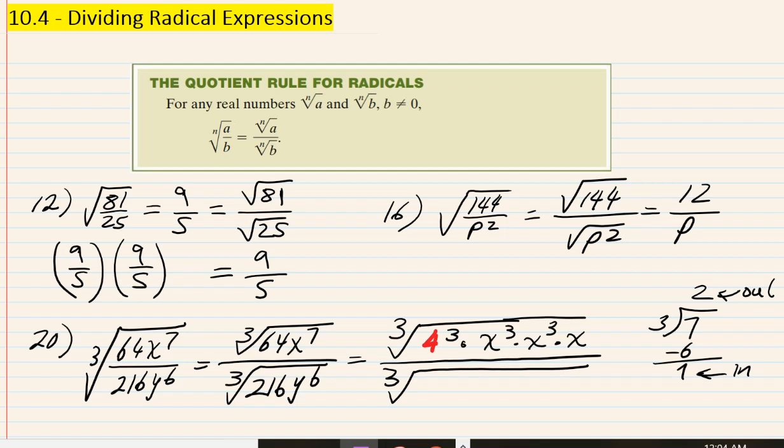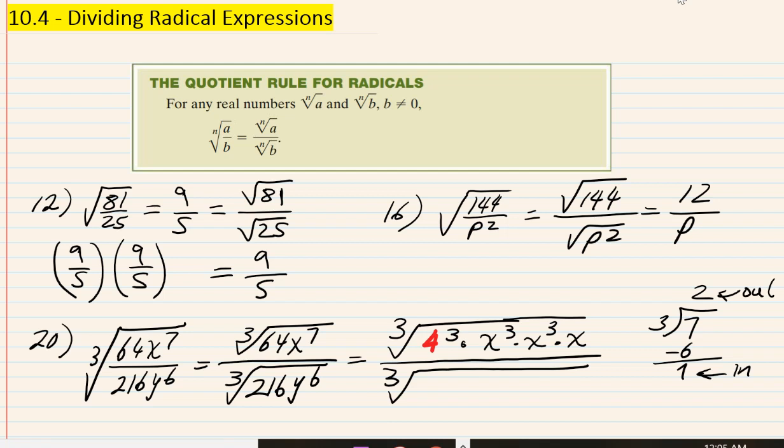In the denominator, 216. Now 216, let's see, two numbers, one of them a perfect cube times another gives me 216.